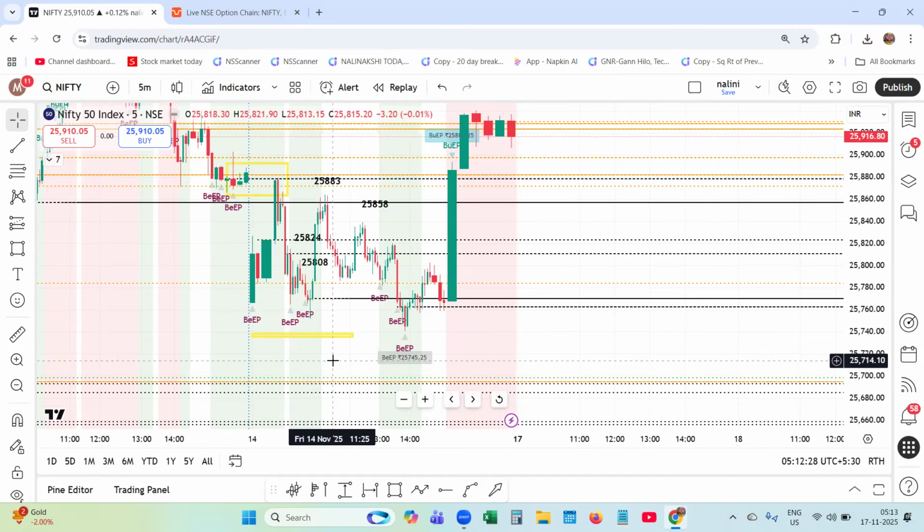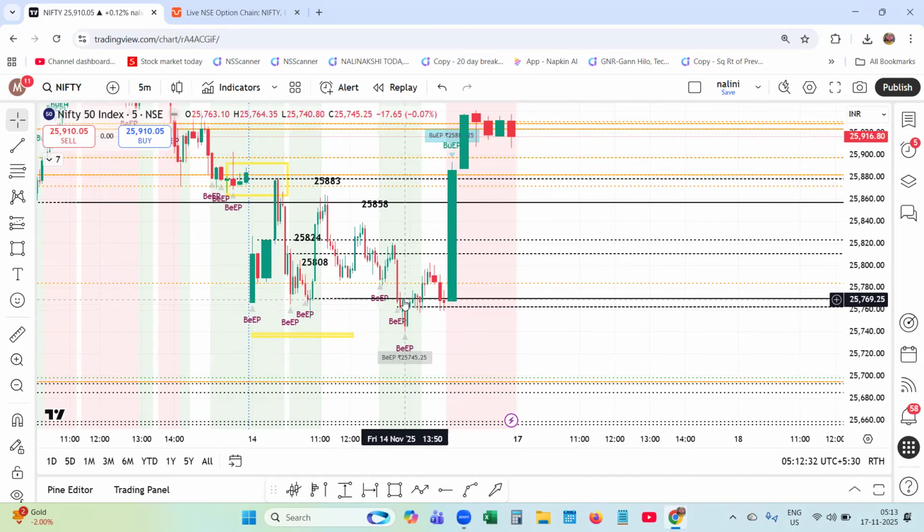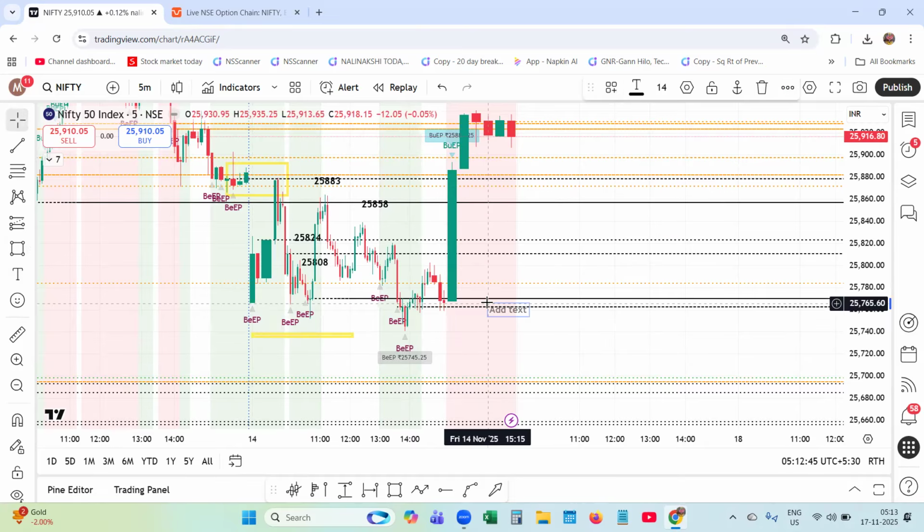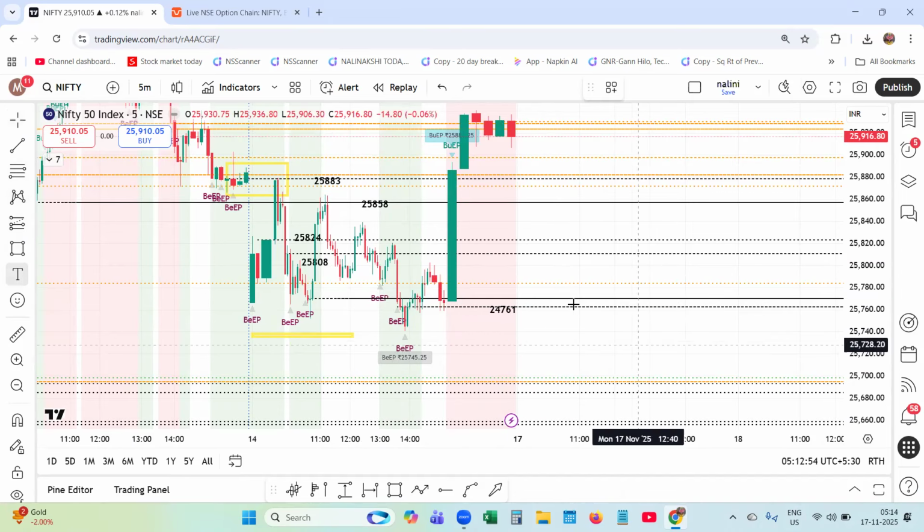It broke below this level around 1:45 p.m. After 1:45, another new EP was formed. New put writing, that is around 25,761, and the nearest level is 25,000.